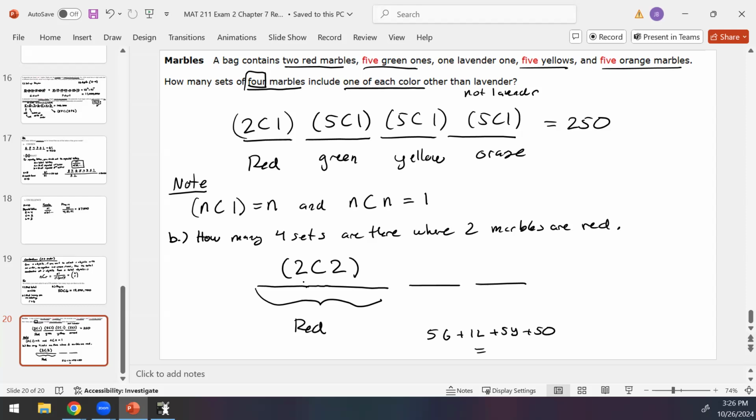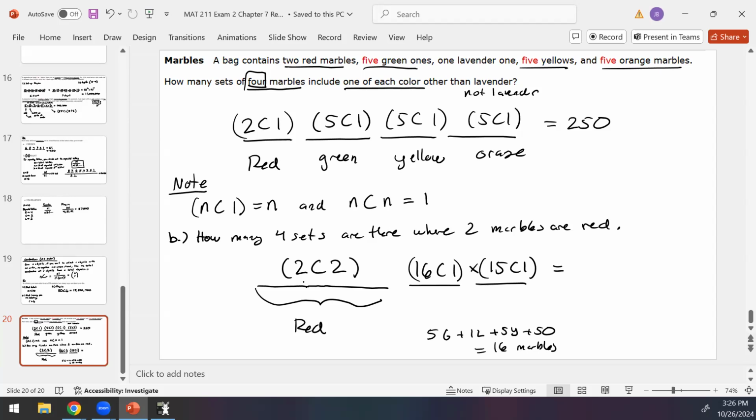And that's going to be equal to 16 marbles that are not red. And so I have 16, and I got to choose one of them. And then once I pick 1 marble, then I got to pick another one. So then 15 choose 1, like that. Okay. And there it is.